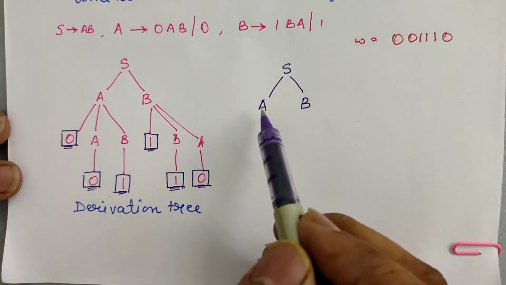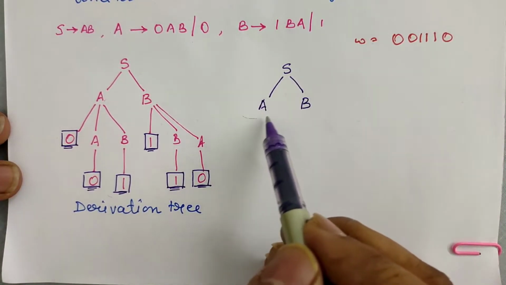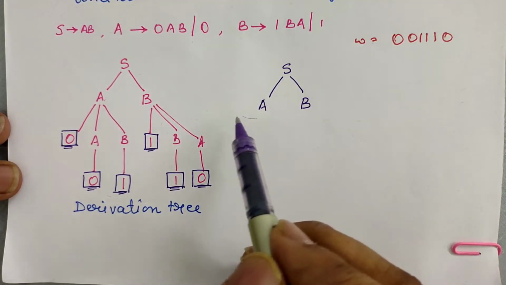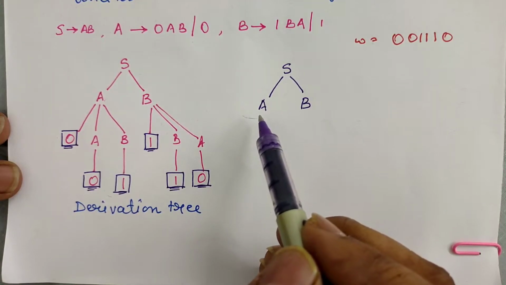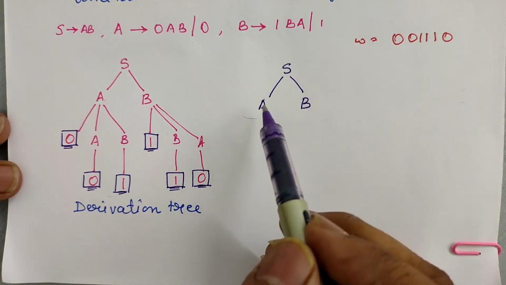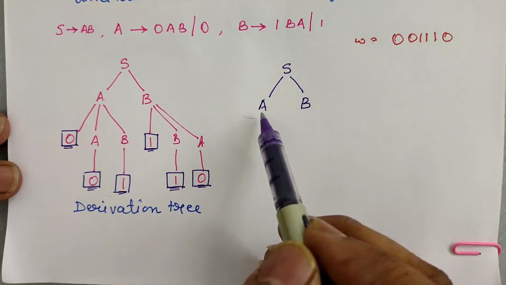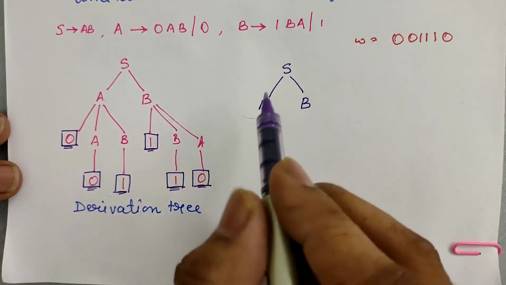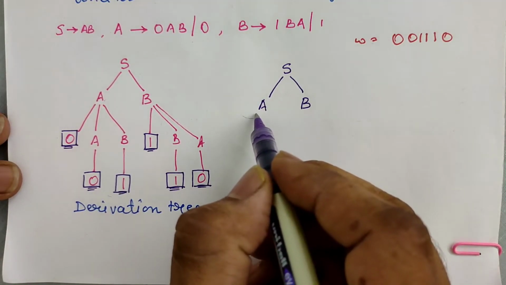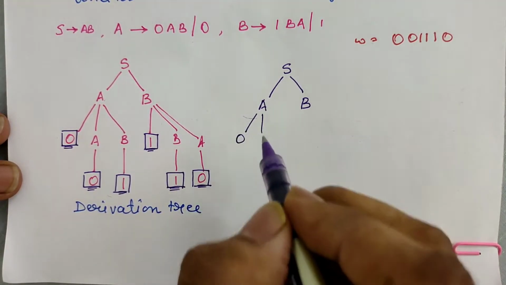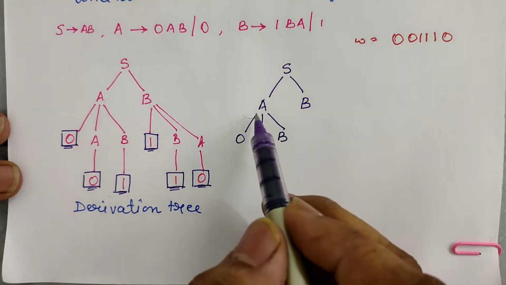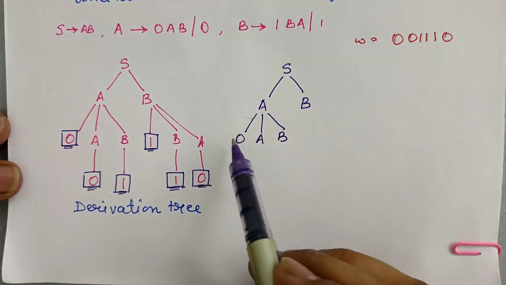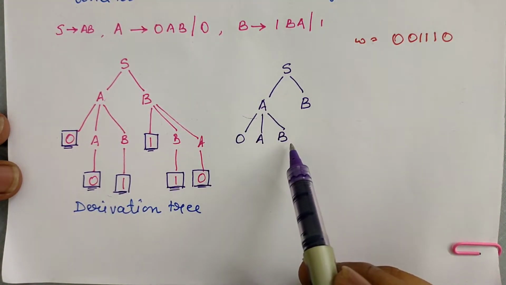Now in leftmost derivation, one has to explore the leftmost non-terminal first. So here this A will be explored and the production used will be A tends to 0AB.